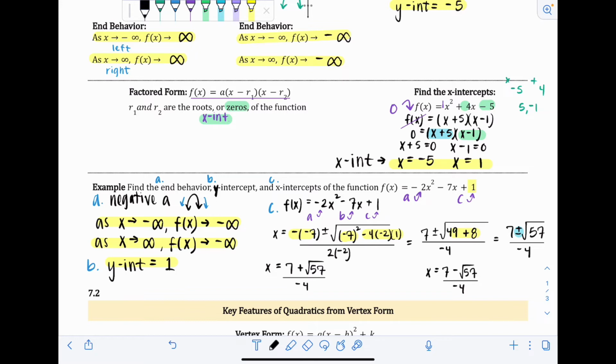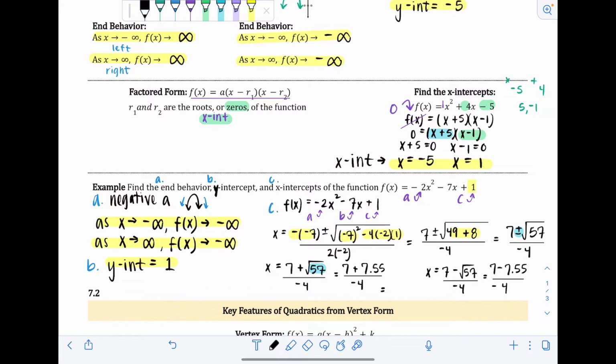So it's about 7.55. So we'll replace the square root of 57 with 7.55, so it'll be 7 plus 7.55 over negative 4, and then 7 minus 7.55 over negative 4, and then we'll just simplify each separately.